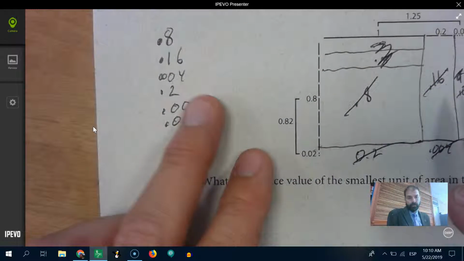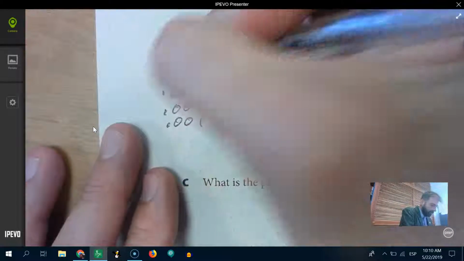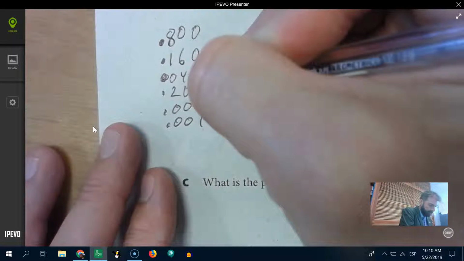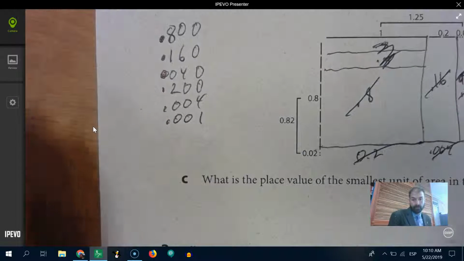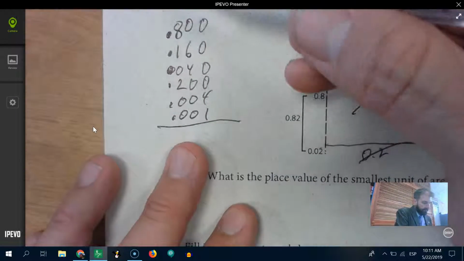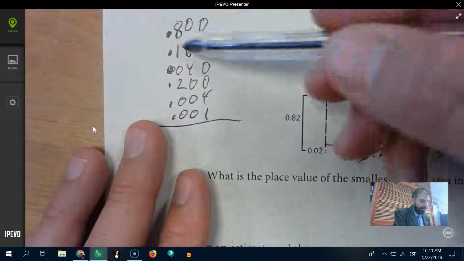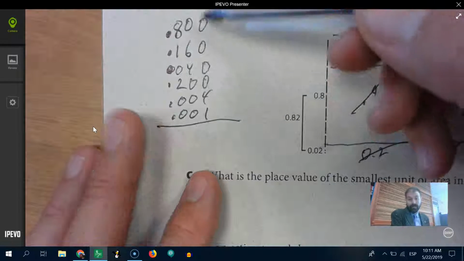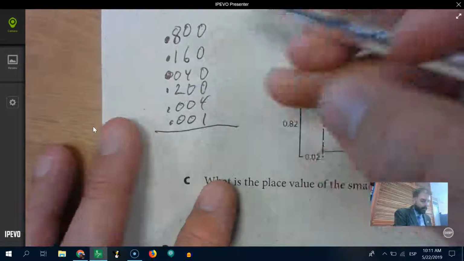If it helps you, this is a decimal point here, and I can start filling in my zeros to remind me. Then I need to add all this together. If this is freaking you out, you can think of it as 800 plus 160 plus 40 plus 200 plus 4 plus 1. It's the same sort of place value. Then you would need to remember to put that decimal point there.